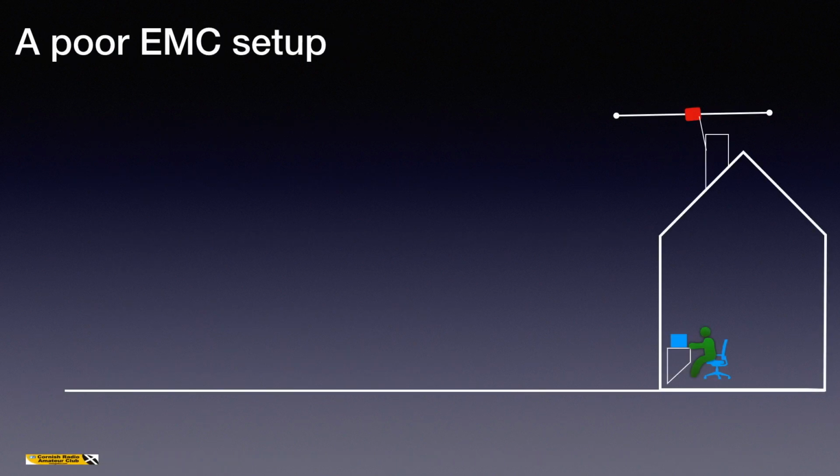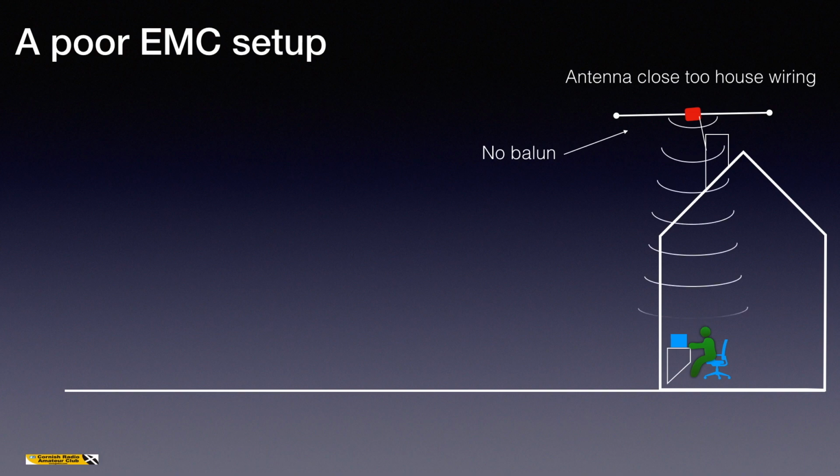So here is a poor EMC setup. The antenna is too close to the house wiring. There's no balun fitted to the antenna. That's the balanced to unbalanced transformer. And the signal is therefore coming down towards the house wiring.